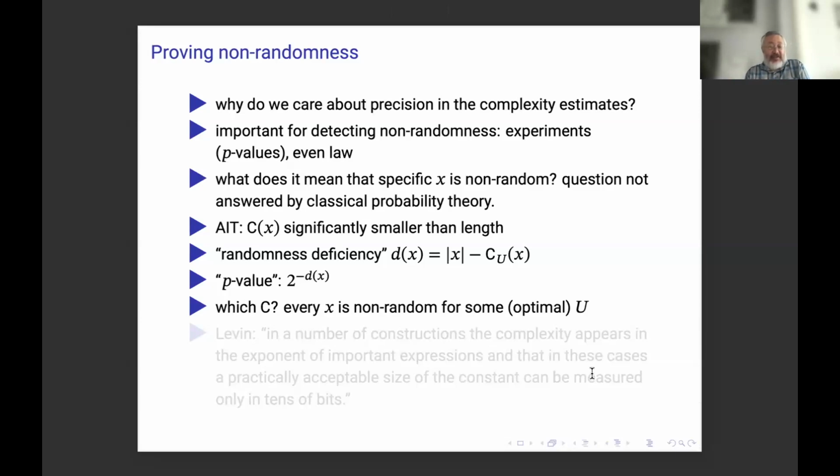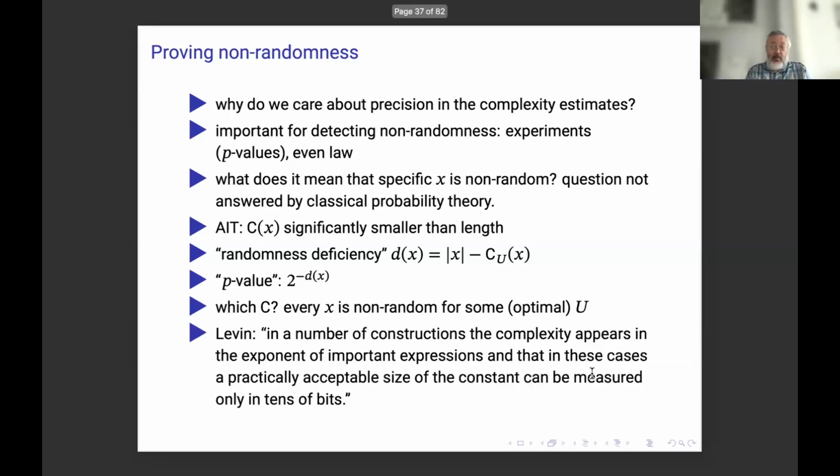But of course it's cheating. And this is probably what Levin had in mind when he spoke about this complexity appearing in the exponent. So you see that this deficiency d of x appears in the exponent of the p-value, and complexity therefore is there.